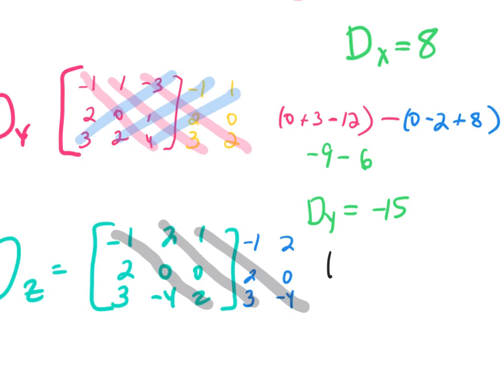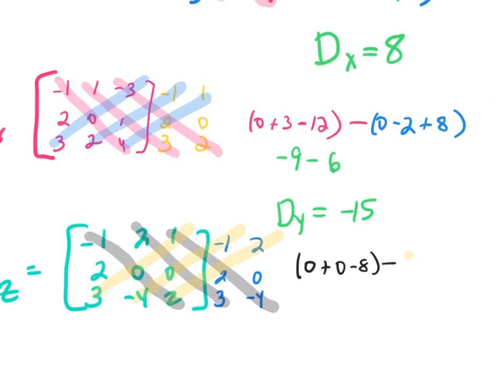So I have, what's negative 1 times 0 times 2? 0. What's 2 times 0 times 3? What's negative 4, 2, and 1? Minus 8. Good. Minus. What's 3 times 0 times 1? 0.